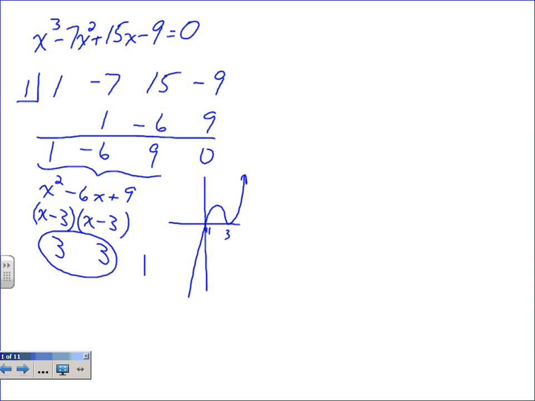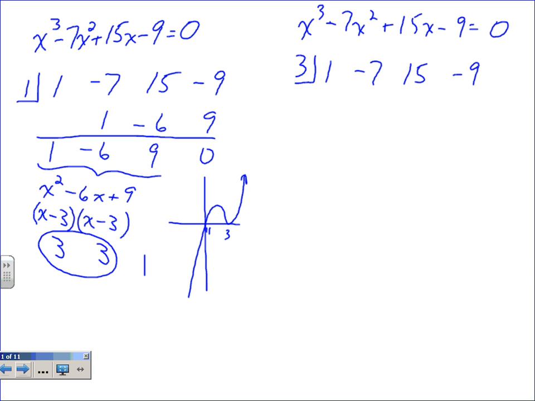Now what if somebody looked at this equation and said, well, it looks like 3 is a 0. So we graph this, and it looks like 3 is a 0, so I'm going to put 3 up here. I should get the same answer, because 3 is a 0.